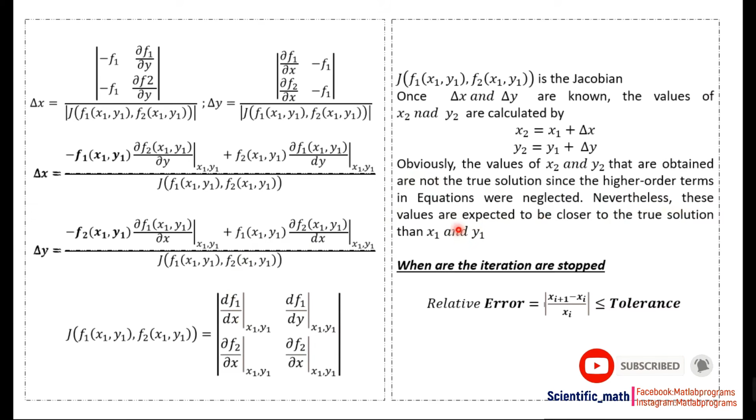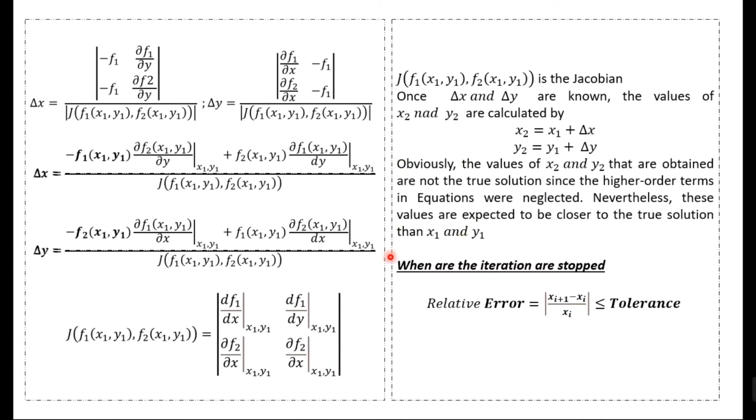Nevertheless, these values are expected to be closer to the true solutions than x1, y1. So we do iterations again and again to get our required result, as we have already done in Newton's method when we solved for one nonlinear equation.